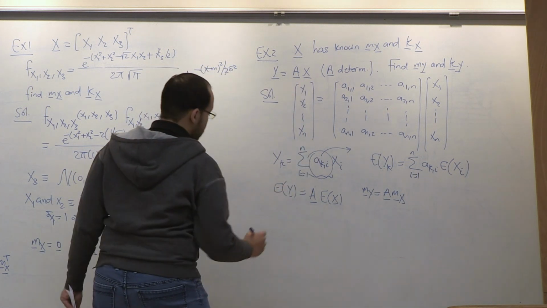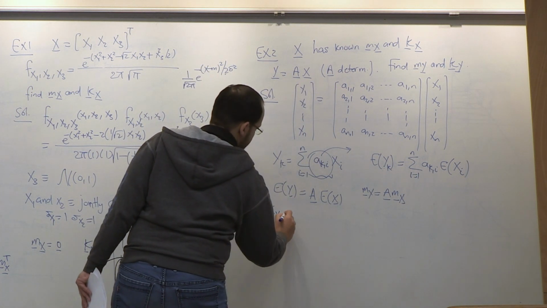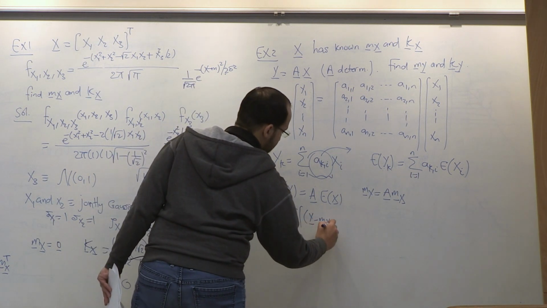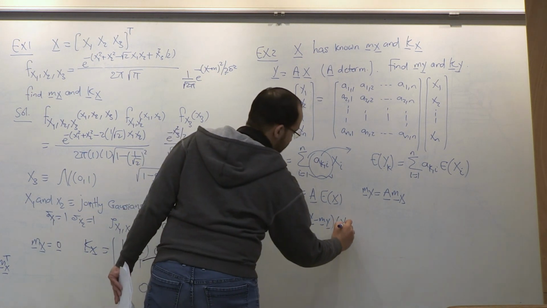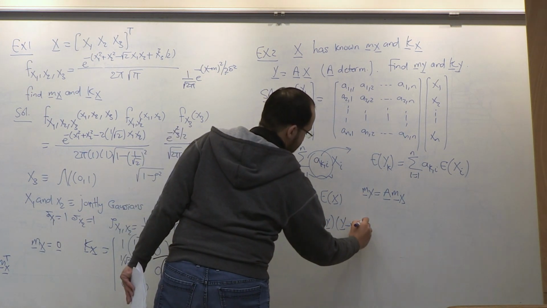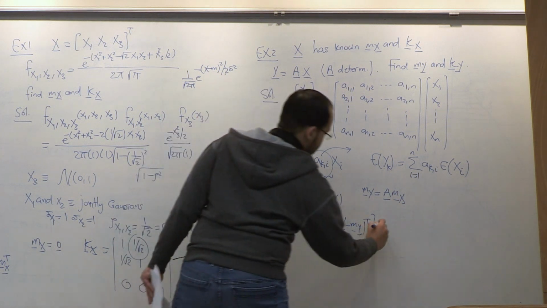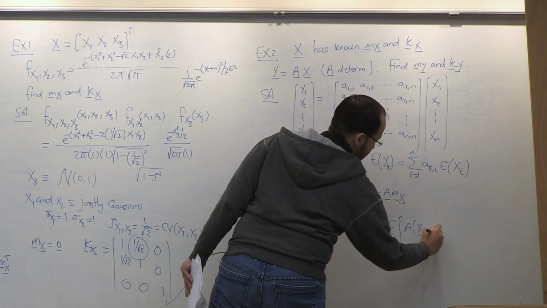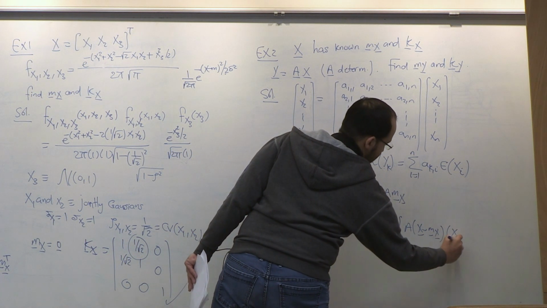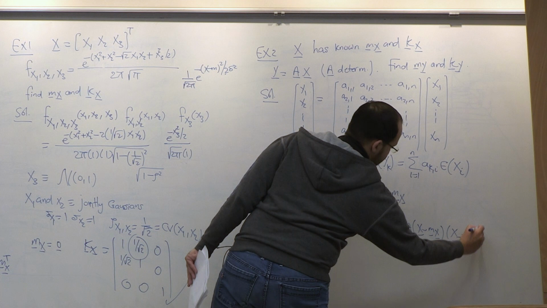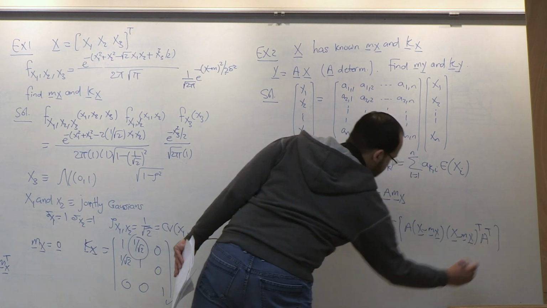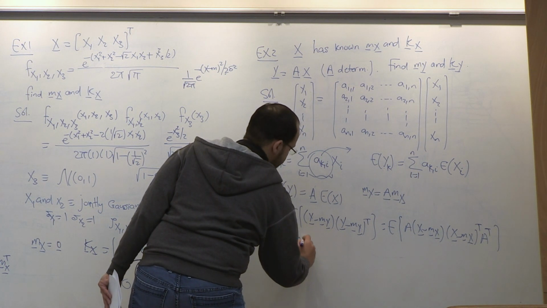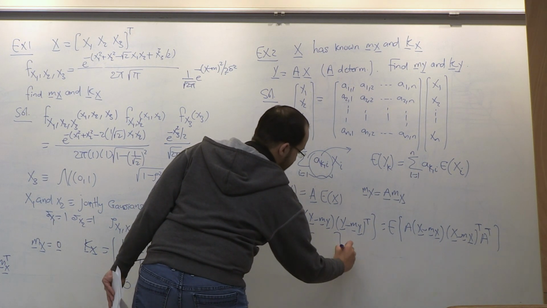The other thing we need is ky. Ky is the expected value of (y minus my)(y minus my) transpose, which is the expected value of A(x minus mx)(x minus mx) transpose A transpose, which is A times this big expectation that I'm not going to write again, A transpose.